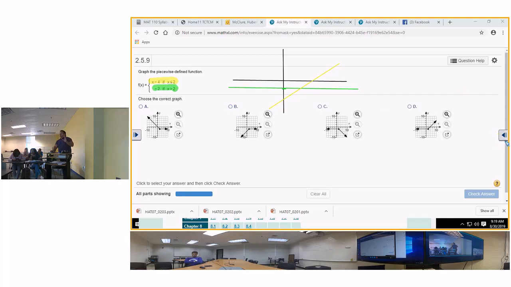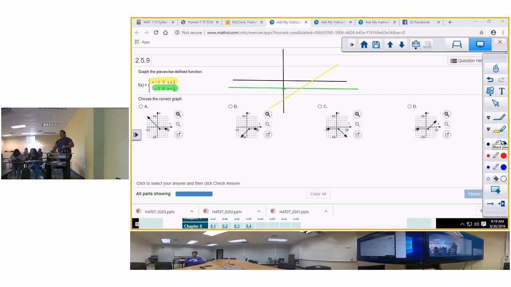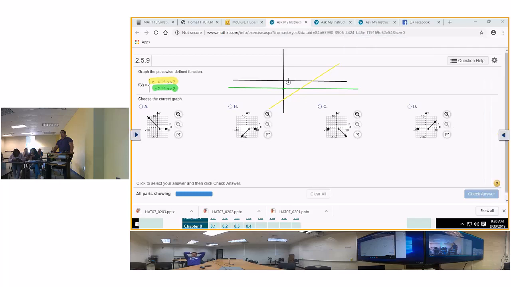Now that you've got your two lines drawn, you need to look at the domain. So take your handy dandy eraser. And what is the domain for the yellow? All numbers less than what? Less than x is equal to 2. Let's say it's right here and right there.